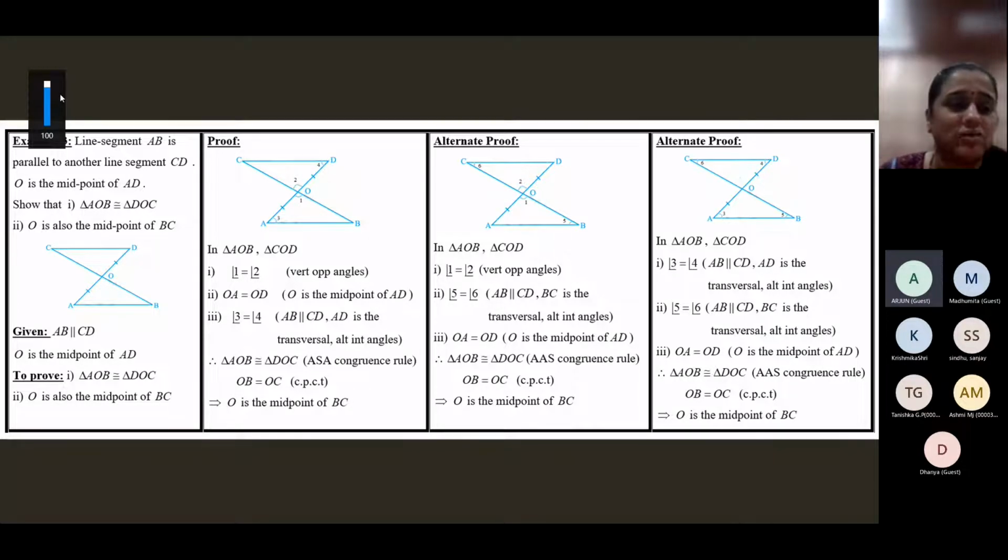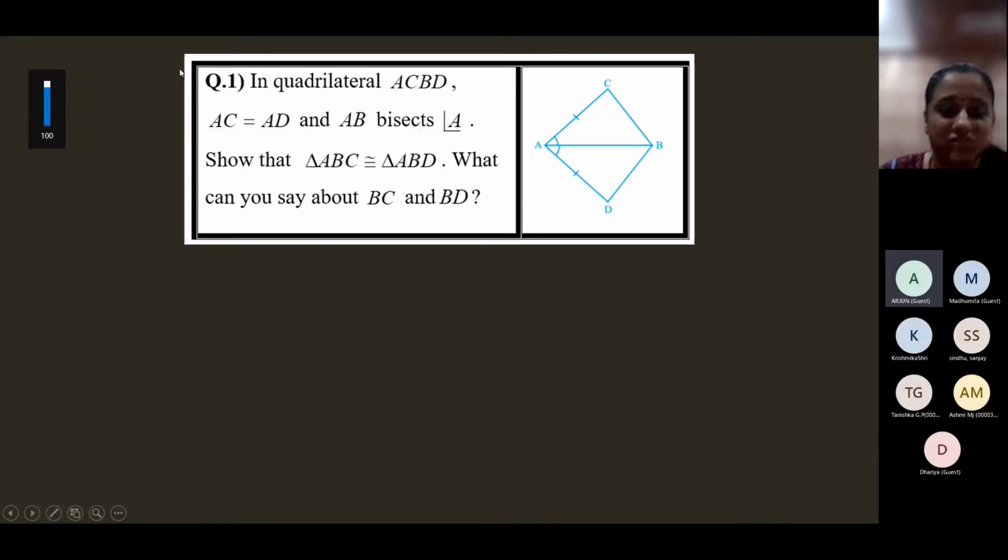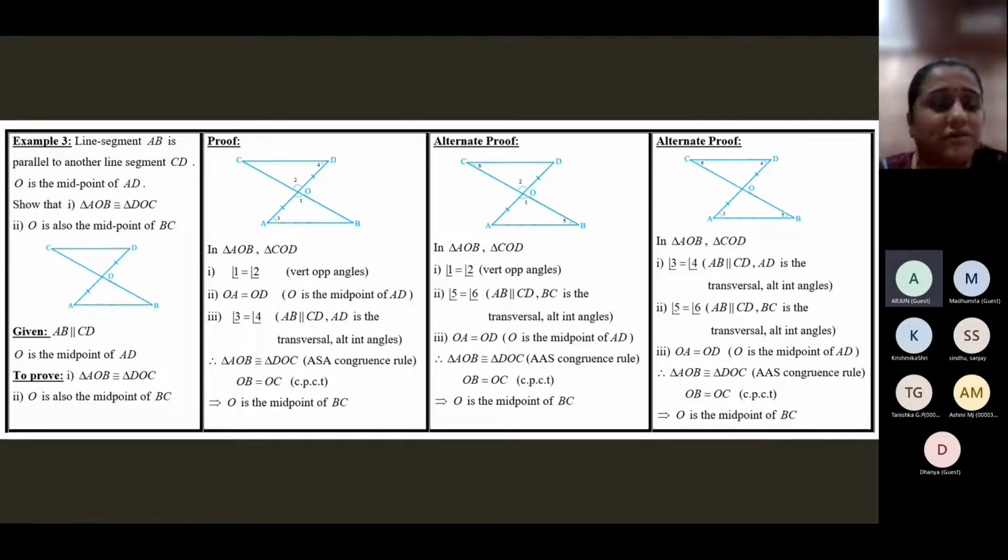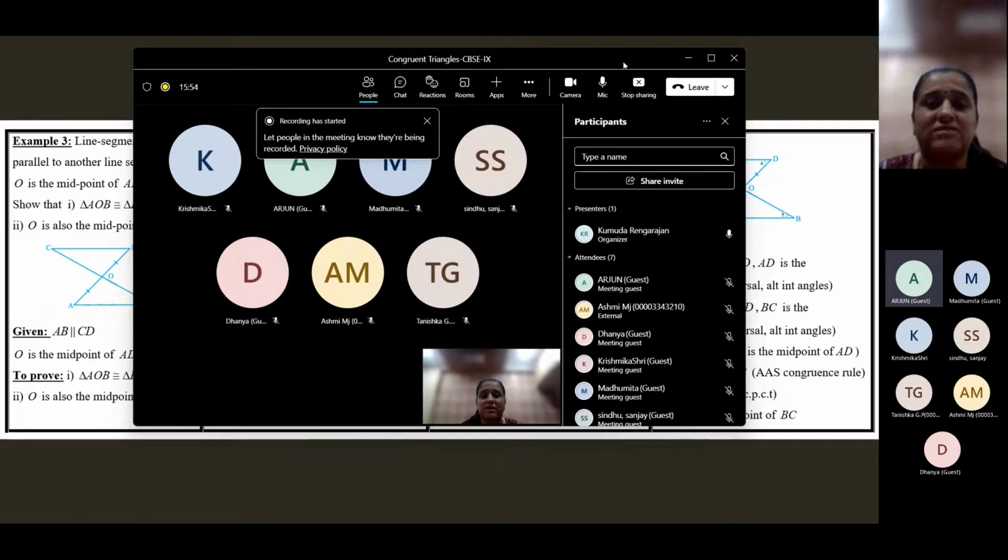Yeah, so last class, I had just written this one in short. For example 3, we saw alternate ways of proving the results. I made the presentation. You can take a screenshot if you want. We already discussed the different ways of proving the results for example 3 in the last class.